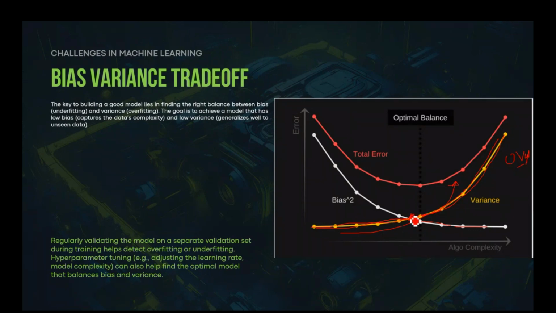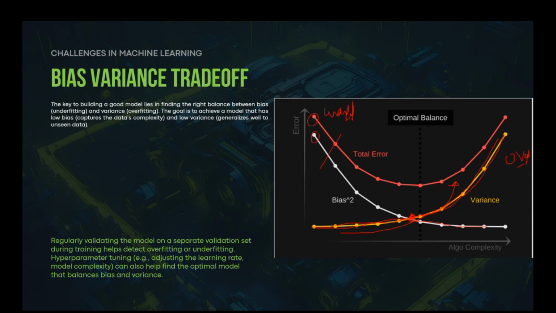Where they are almost the same, this is your total error, because if you go beyond this point, your total error starts increasing again. This is your underfitting side: both the training and test errors are high.